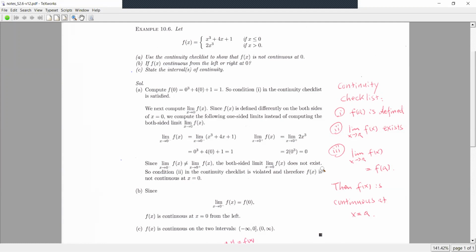When x approaches 0 from the right, we have a different limit. So the both-side limit doesn't exist. Therefore, condition 2 is not satisfied. Therefore, the function is not continuous at the point 0. Actually, at the point 0, the graph of the function has a jump.